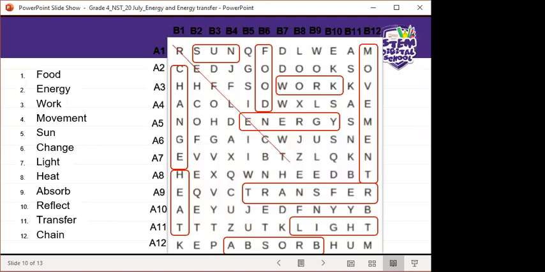Then chain, I believe this is our last word. Where do we find the word chain? Let me see if I see any new hands. Okay, Karen, talk to me. Where do we find the word chain?